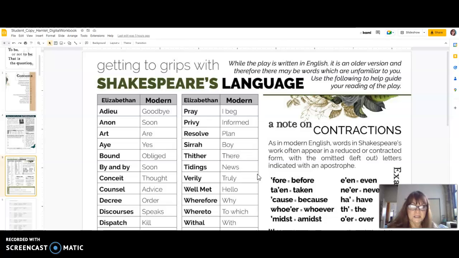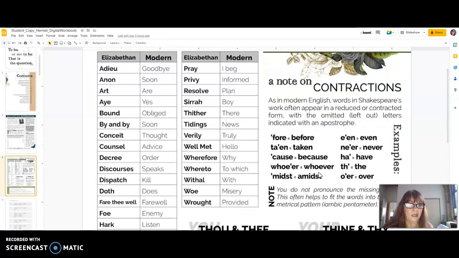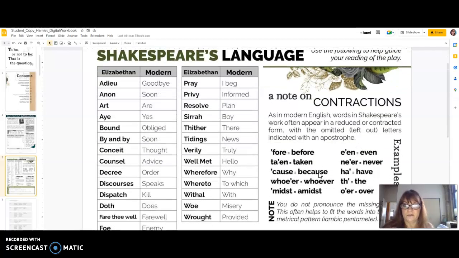So it is an older version of modern English. So there are going to be words that you're unfamiliar with. That's okay. We'll work through these. And there are some here on this guide to get us started so that we can start reading the play and be aware of some of these kind of old-fashioned words.